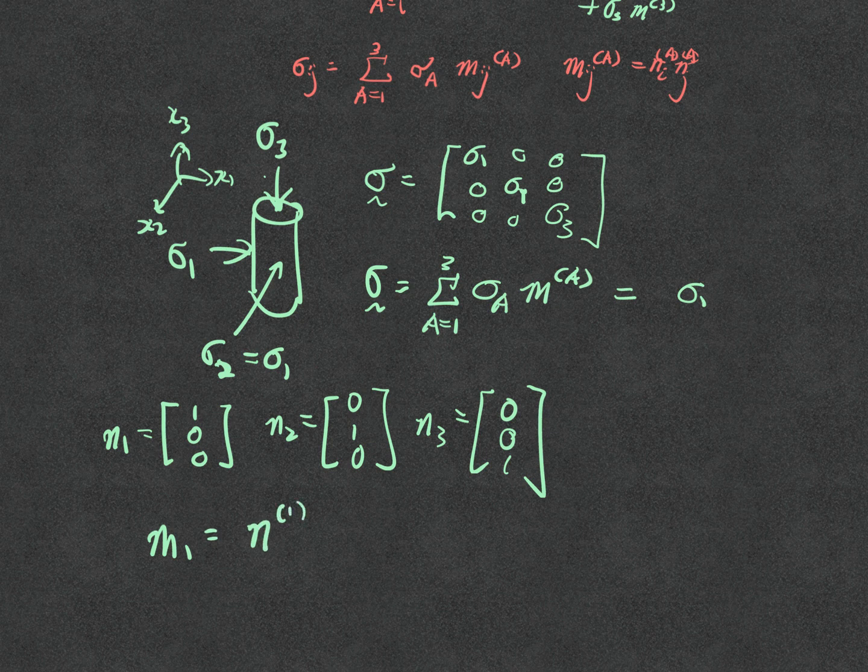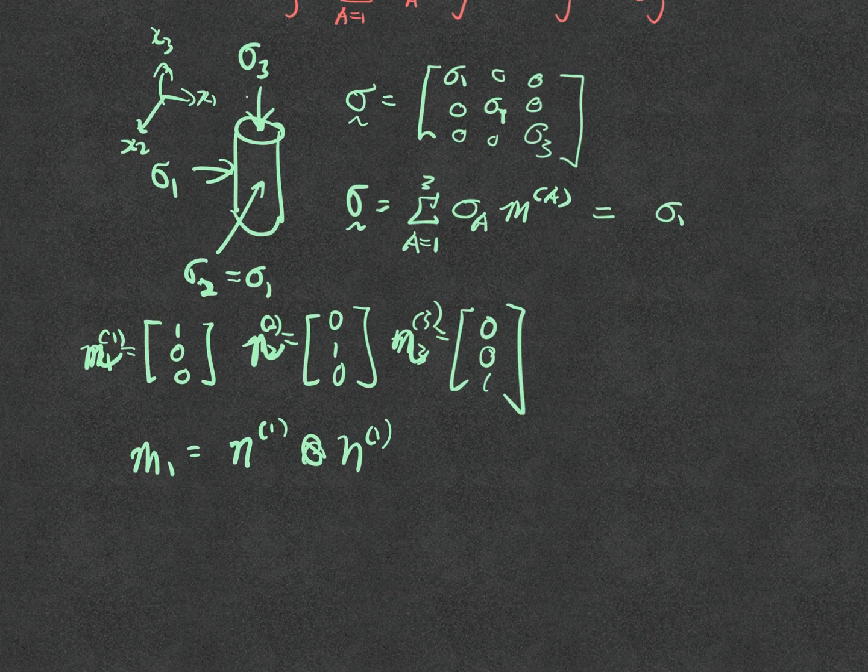Actually, maybe let me change the notation: N1 here, N2, N3. So M1 is equal to the tensor product of N1 with N1, which, if I write it in detail, is N1 for the first vector, M1. Okay, and then N1, N2.